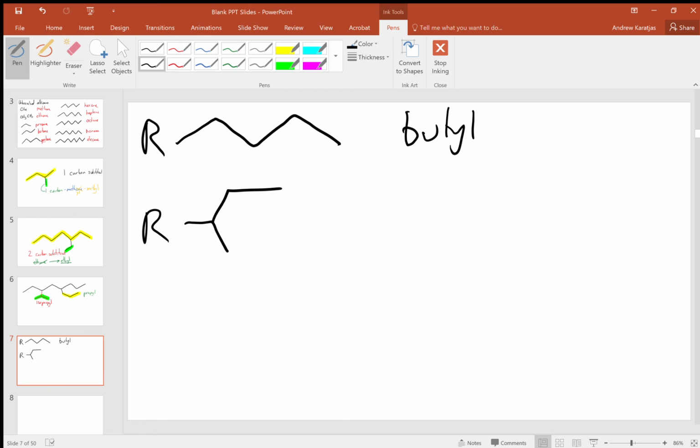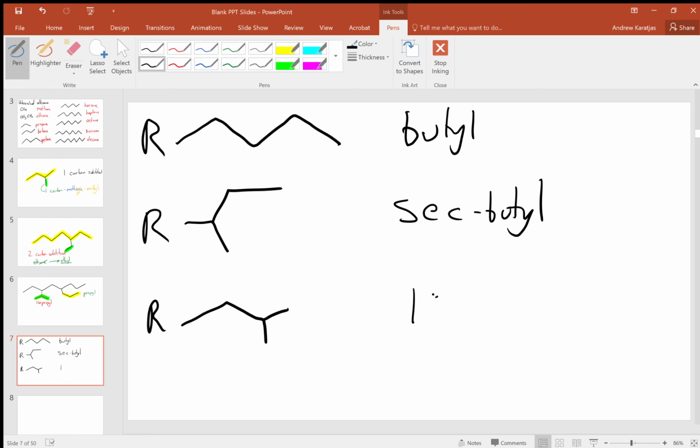Now we could also connect at the 2nd carbon of the butyl chain. And we call that sec-butyl. We could also have a branch at a later carbon within the butane.